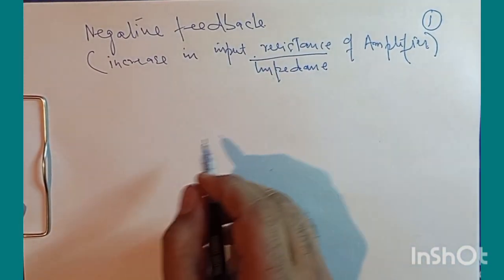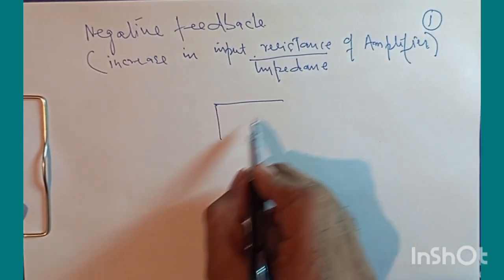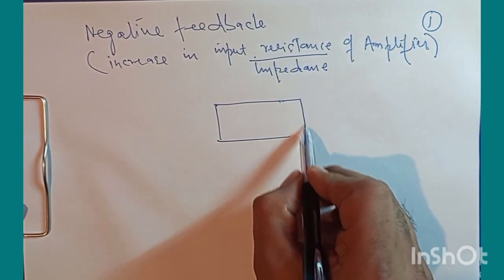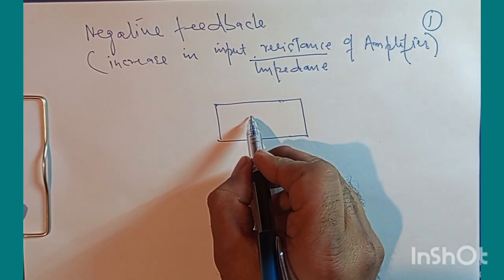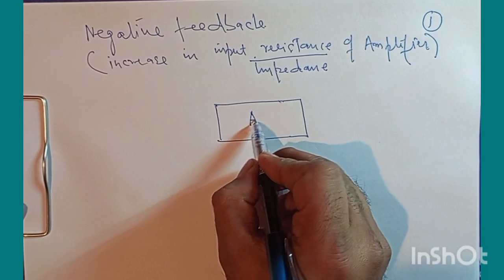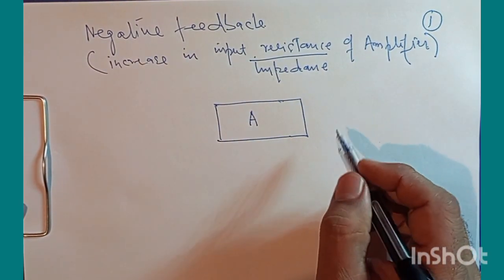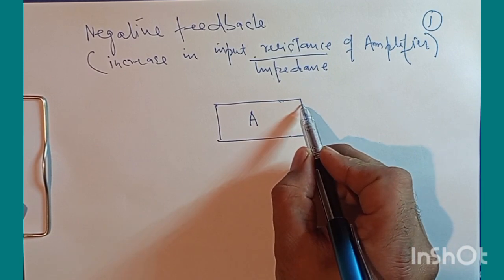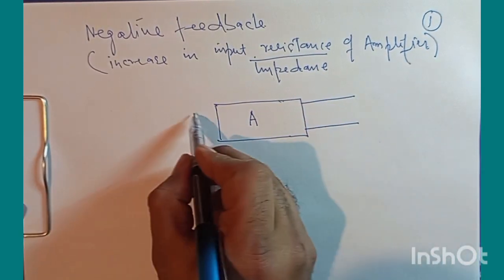So if we go back to the feedback system, we have an amplifier, and let us assume that this amplifier has a gain equal to A, and then we will have the output from this amplifier.